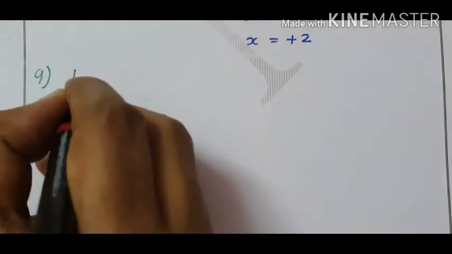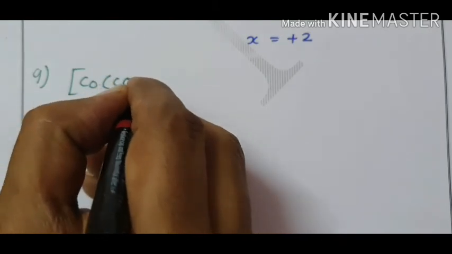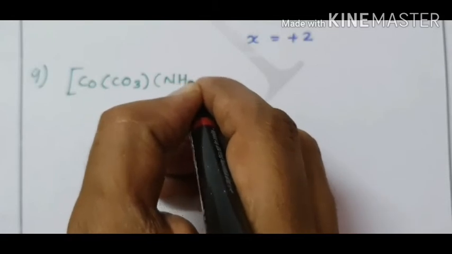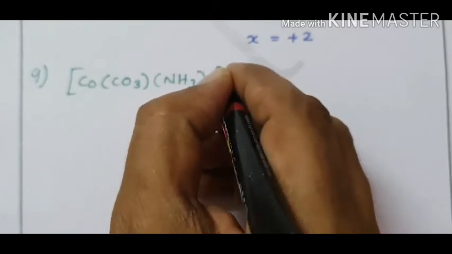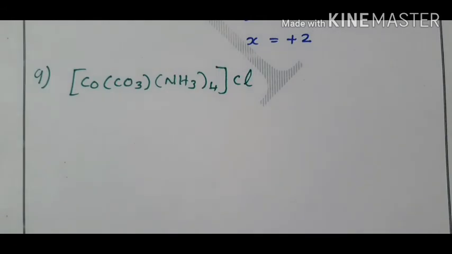Cobalt complex: Co CO3 (NH3)4 Cl. CO3 is a carbonate ligand.